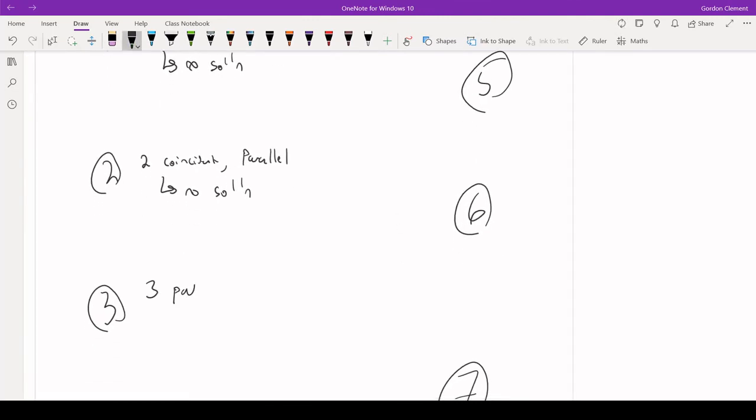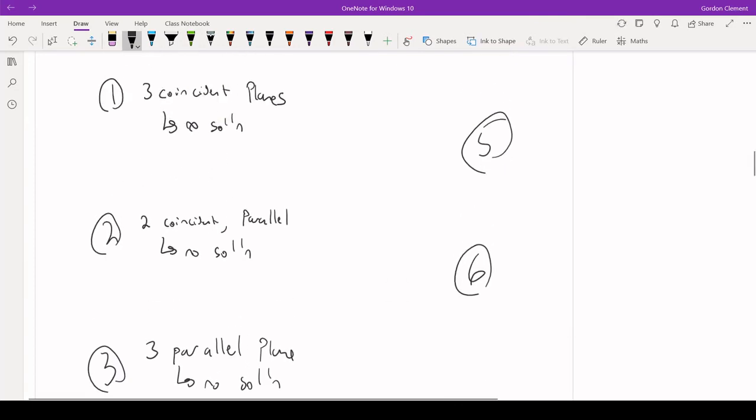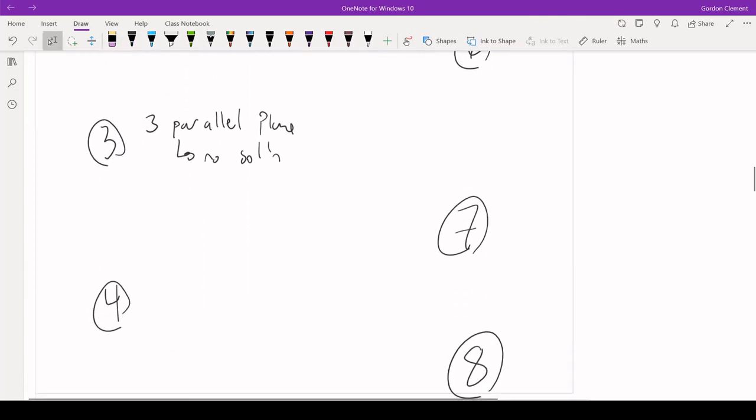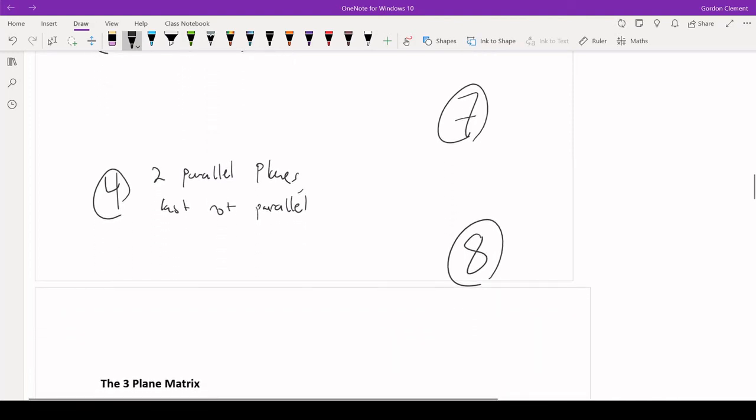I could give you 3 parallel planes, and that would have no solution. None of them would touch each other. I could give you 2 parallel planes, and then the last not parallel. So if I look at sort of the side view, we'd have 2 planes that aren't touching, completely parallel.